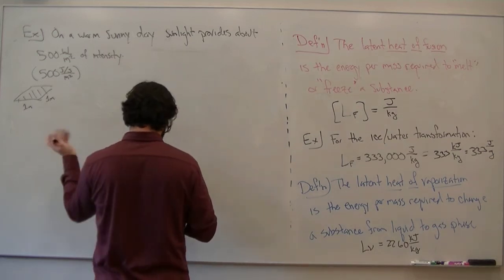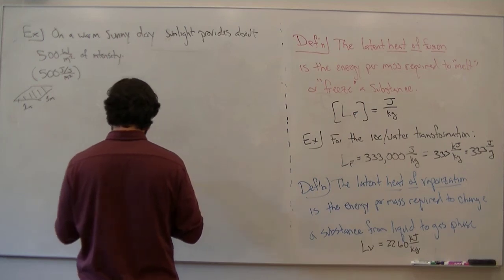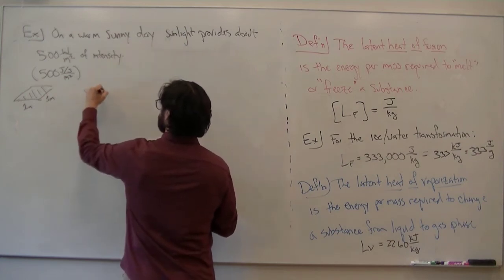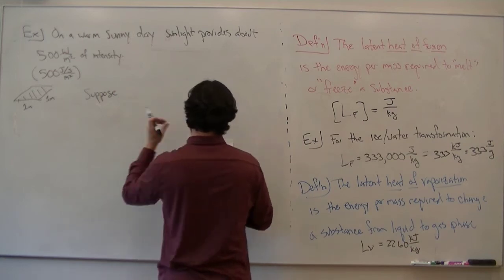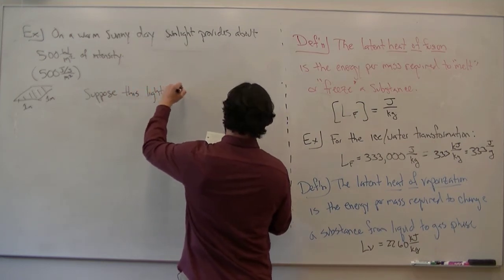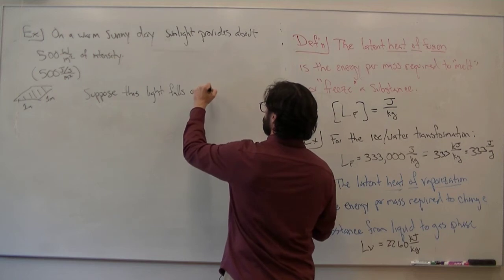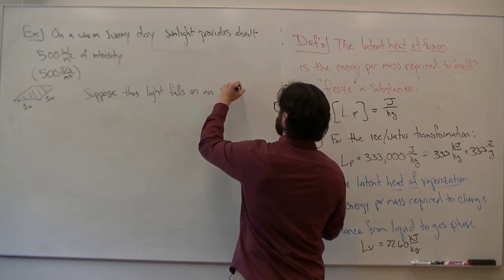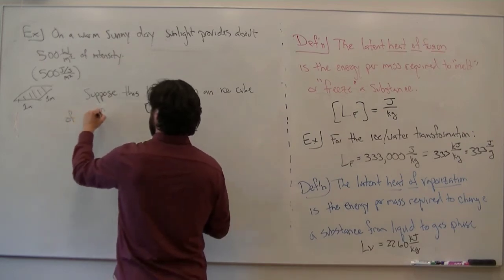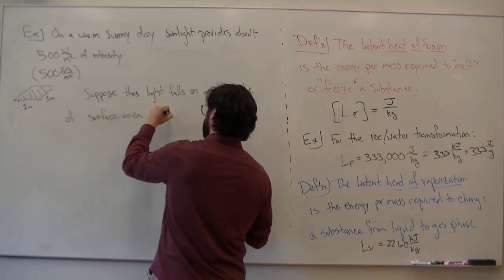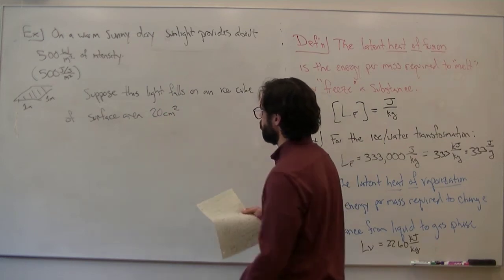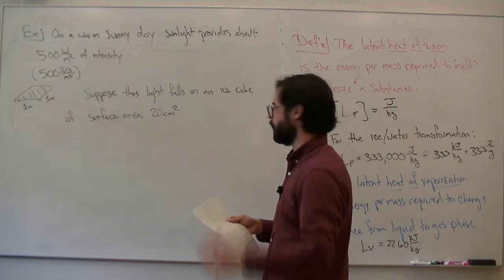And let's say that we're going to melt some ice on a lake or something like that. So I've got some ice cube, and you can think of this as 4 by 5 centimeters being the part that's being irradiated by the sun.